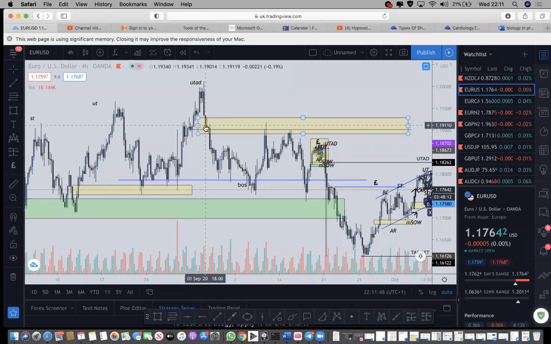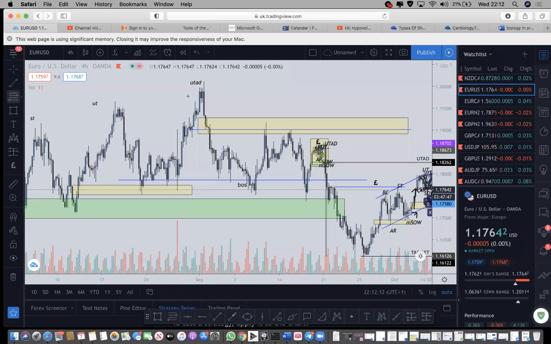DBD. Brilliant. Drop, base, drop. And what does that say on the picture you took? A drop, base, drop. What is it? A sell or a buy? Supply, a sell. And look at the way price just went straight in there.